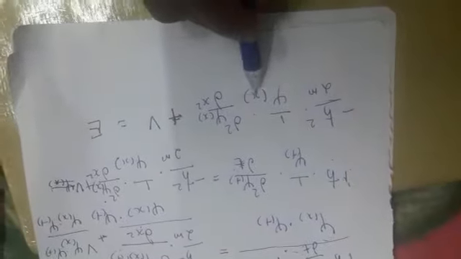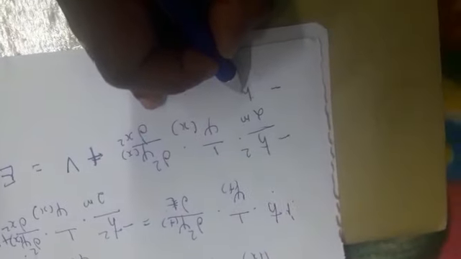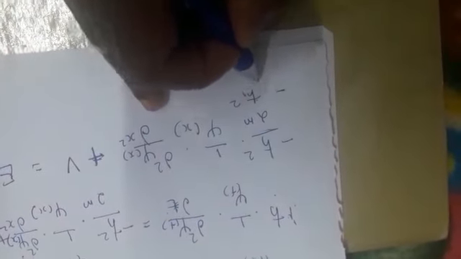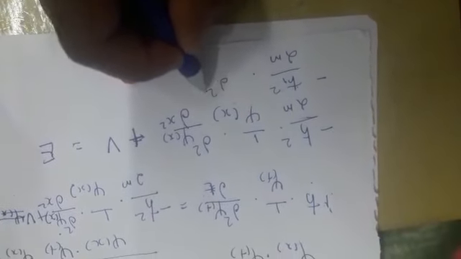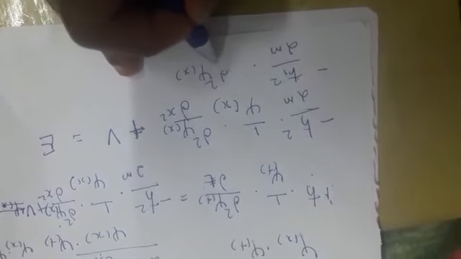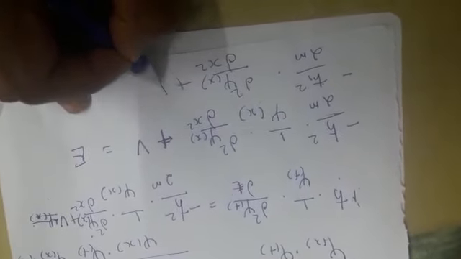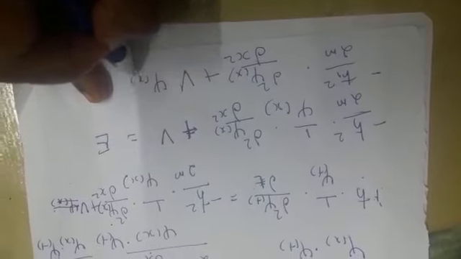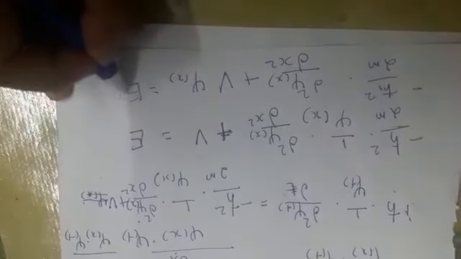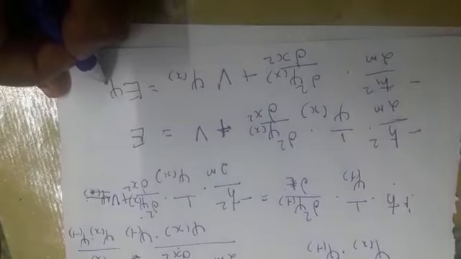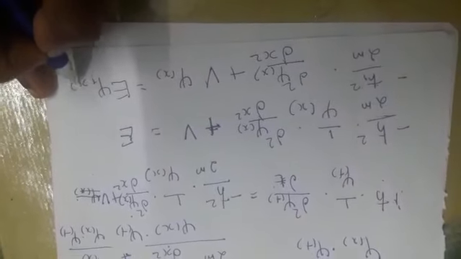Then take this psi of x to the right side. What do you get? -ħ²/2m into ∂²psi of x by ∂x² plus V into psi of x is equal to E into psi of x.